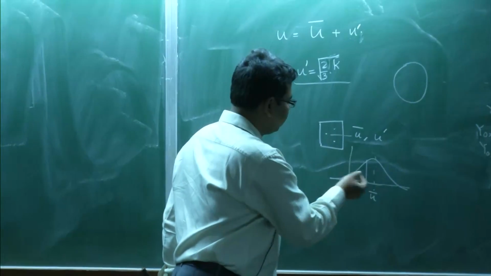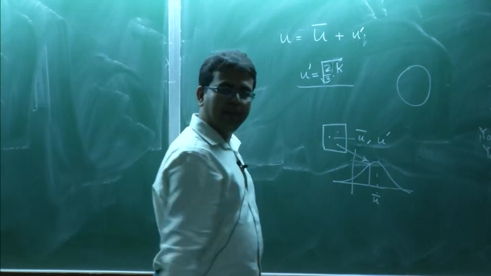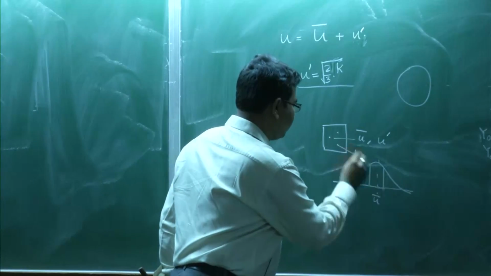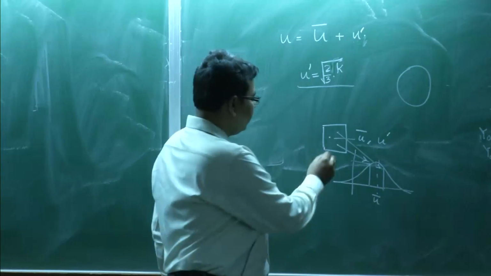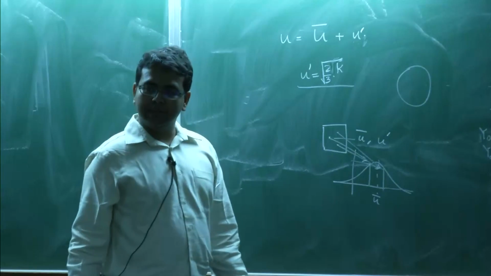For example, this particle may have this velocity as its instantaneous gas phase velocity, and this particle probably sees another velocity. So that is the logic that we use.